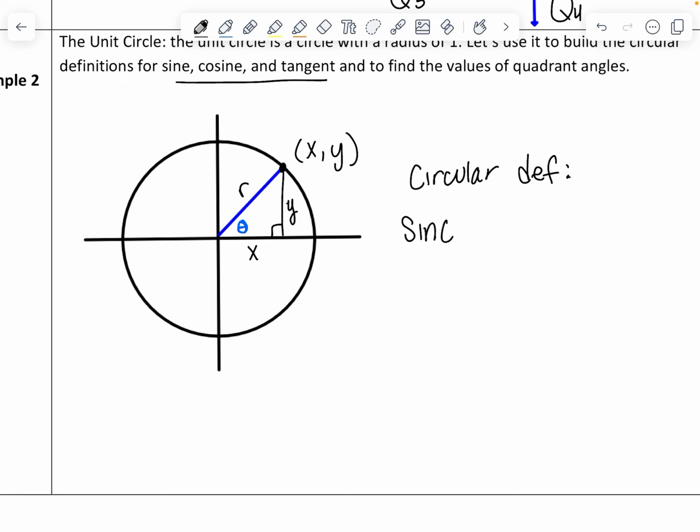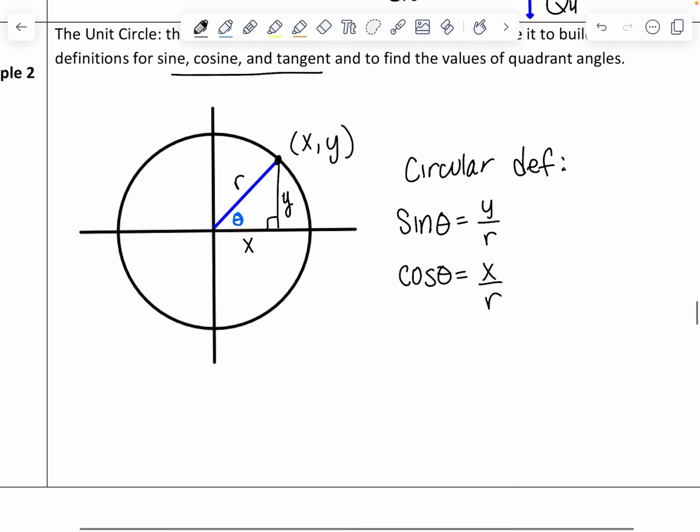And then we could say like sine of our angle is our opposite side over our hypotenuse, which will be y over r. Cosine of our angle is going to be x over r. And then tangent of our angle is going to be opposite over adjacent, or y over x.